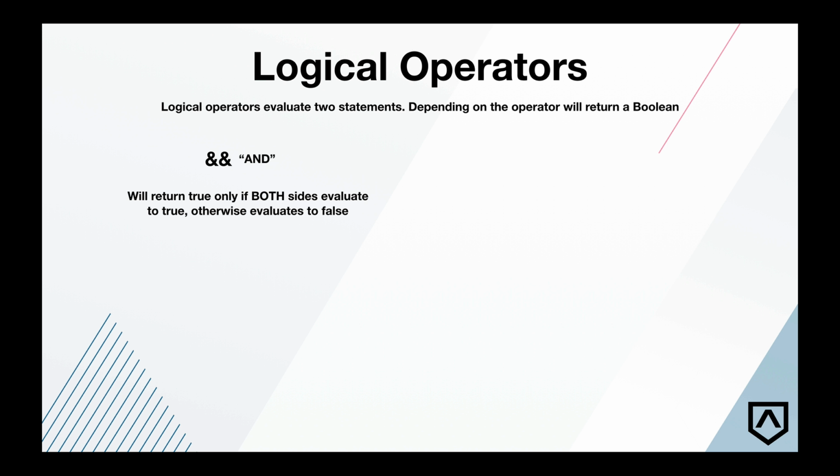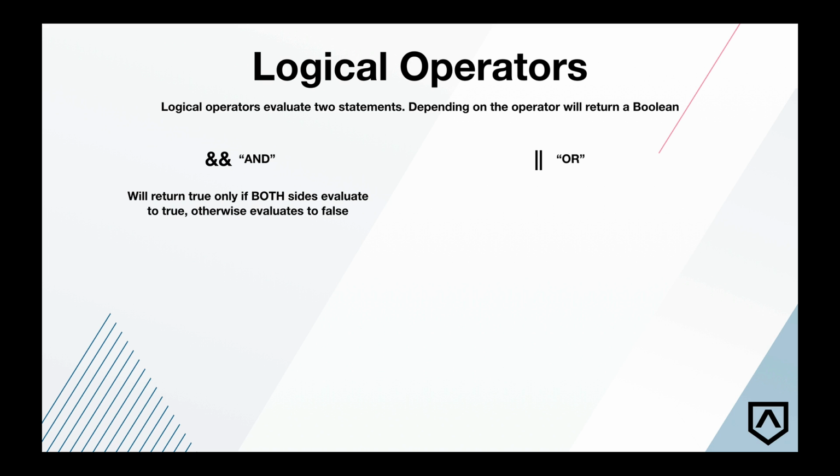The next operator we're going to talk about is the OR operator. The OR operator is denoted by two vertical lines. These aren't ones, they're not lowercase l's or uppercase i's, they're actually a vertical line. If you look on your keyboard right above the return key, you should see the backslash with the vertical line.